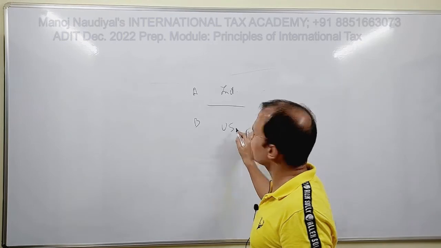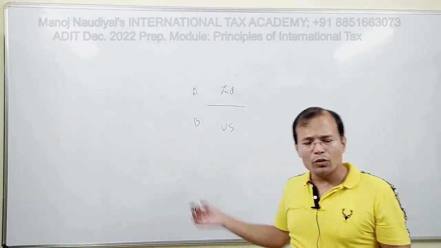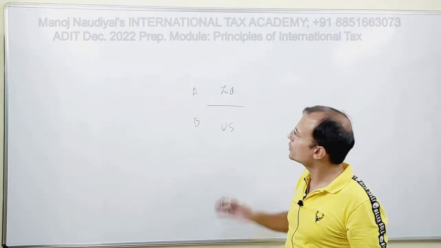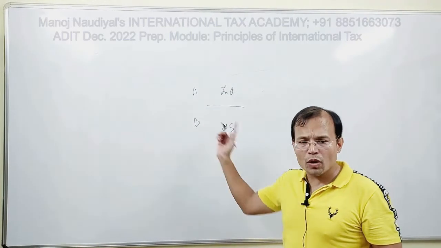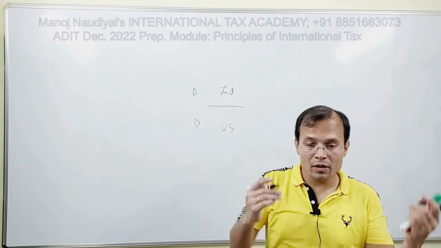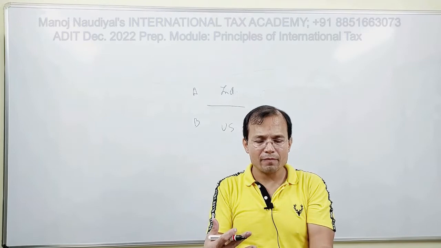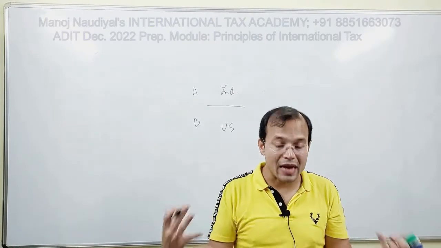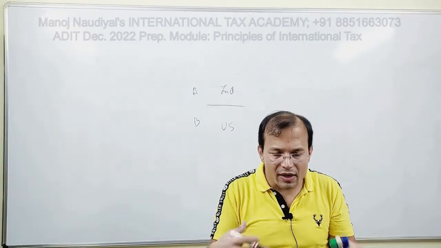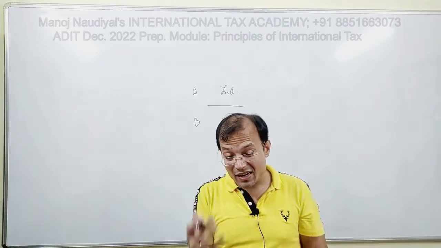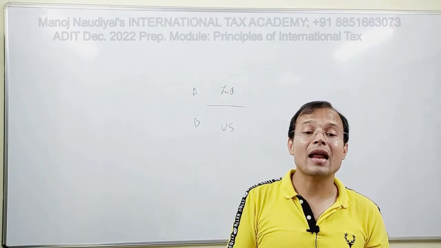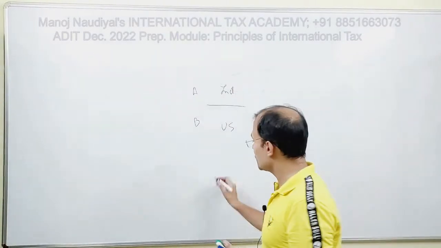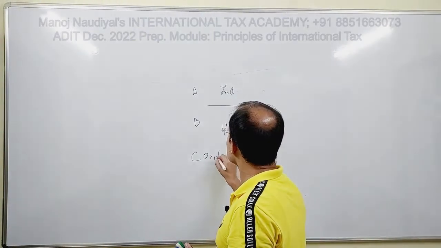India, US. India, UK, India, Singapore, India, Mauritius. 2 countries who enter into this agreement, who sign the tax treaties, the signatories to this tax treaty, they are known as contracting states. Very important. So CS, contracting states.